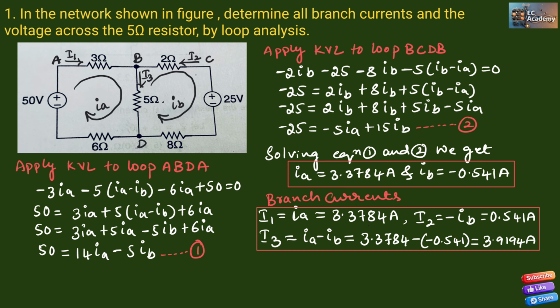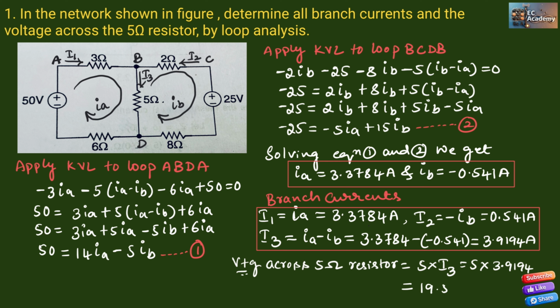So we can say the voltage across the 5 ohm resistor will be equal to 5 into I3, which is 5 into 3.9194. So the voltage across the 5 ohm resistor will be equal to 19.597 volts.